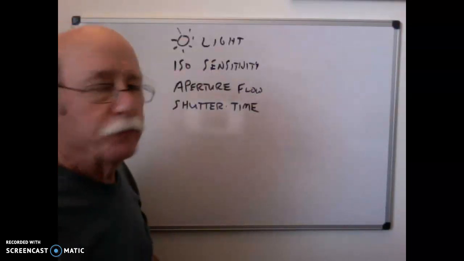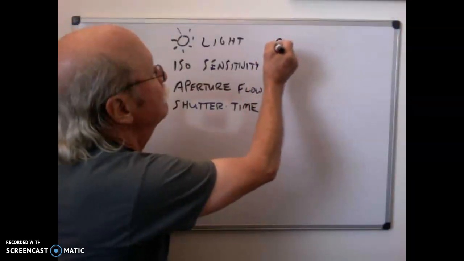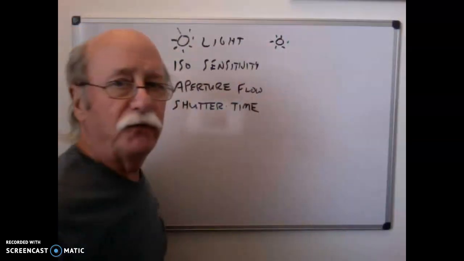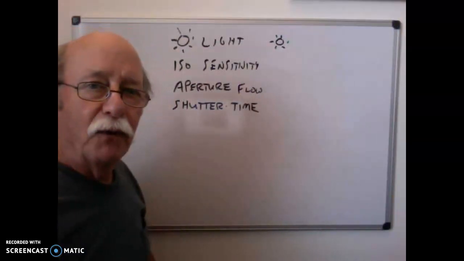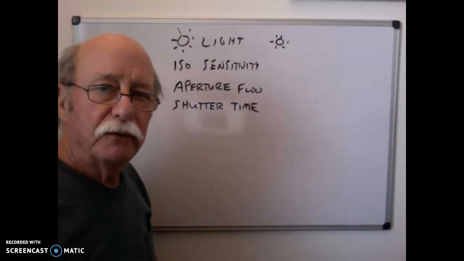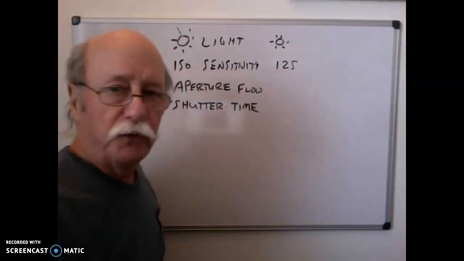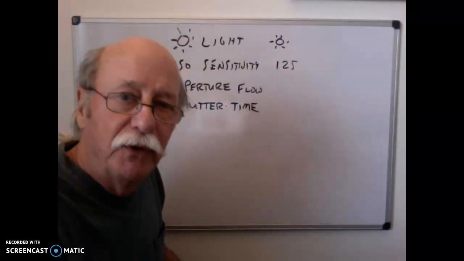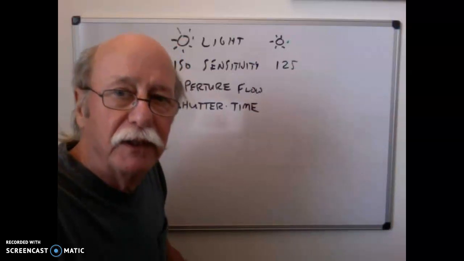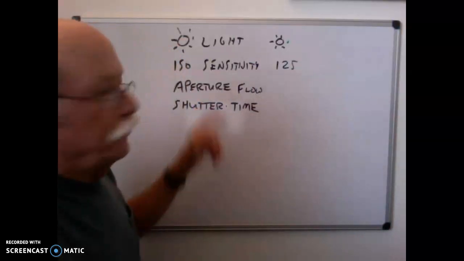So let's start there. We've got a bright sunny day. Our sensor sensitivity, ISO, is set at 125. I happen to know the proper exposure for the aperture and shutter speed.